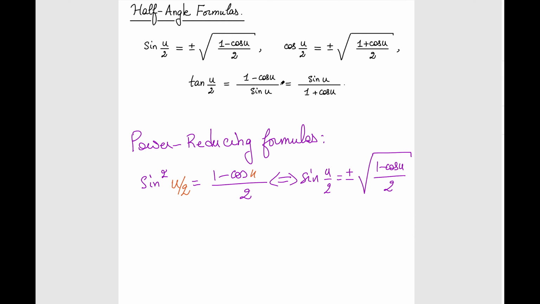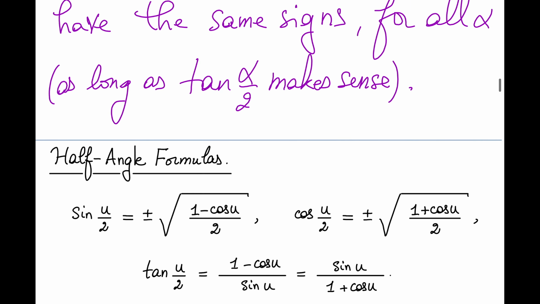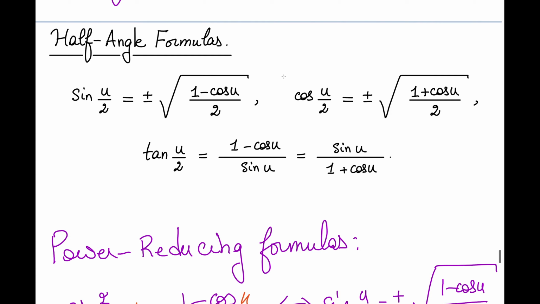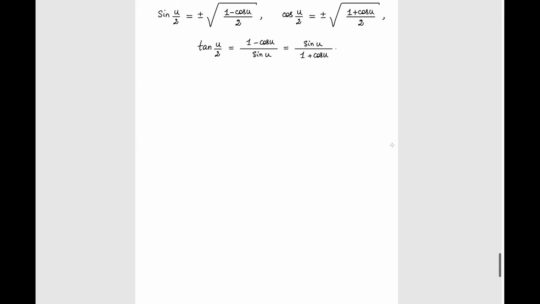And finally, these two formulas for tangent of u over 2, let's try to, hold on just a second. So let me just erase this part and try to prove the last one for you. So let's prove the last one.